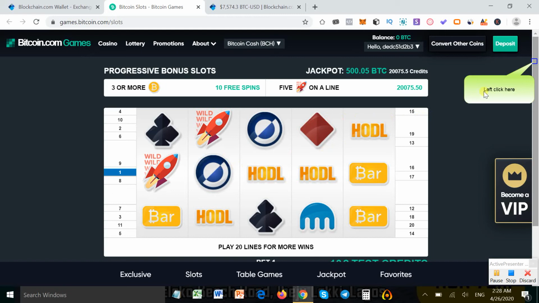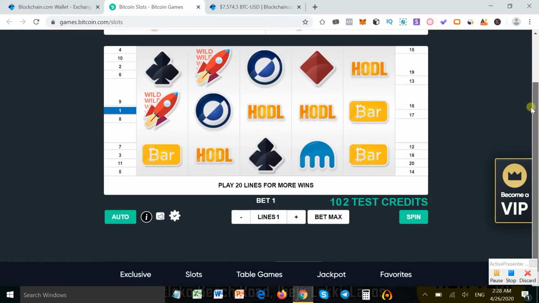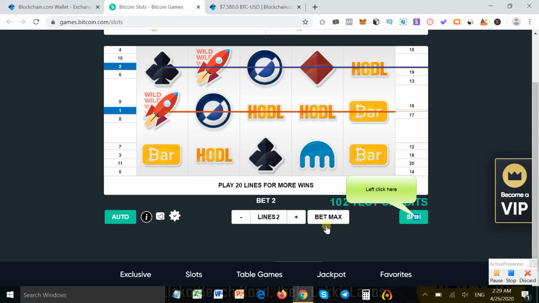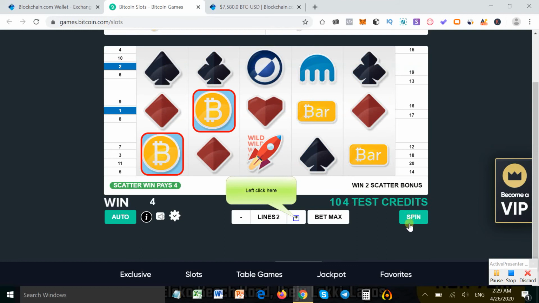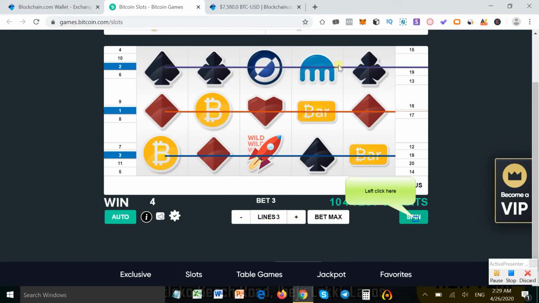Let us try spinning this. Let us choose 2 lines, then let's spin. Wow, that is what you get. Let us take 3 and see if the Bitcoin sign will appear in these 3 lines.